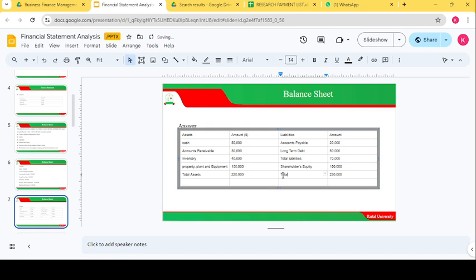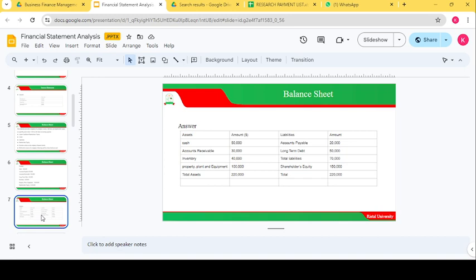So it means here our assets are equal to liabilities plus the shareholders' equity. So that's how a balance sheet is supposed to be. Alright.